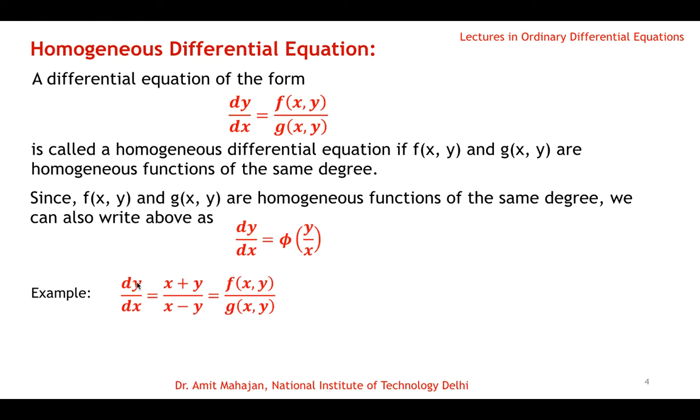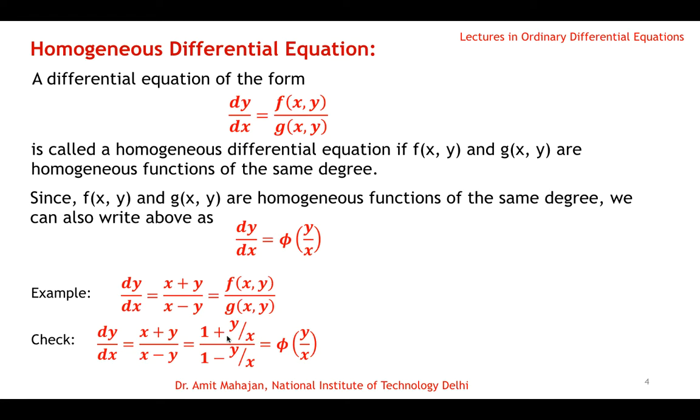So it's a homogeneous differential equation because f and g are both homogeneous functions of degree 1. So I can take x common from numerator and denominator and write it as (1 + y/x) over (1 - y/x). This whole can be written as some function of y/x, phi(y/x), the numerator by denominator.